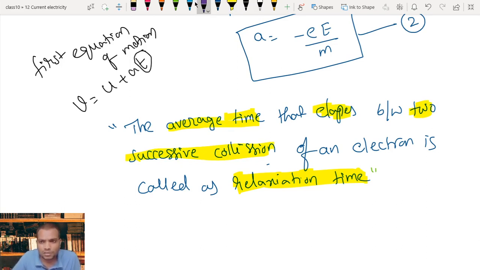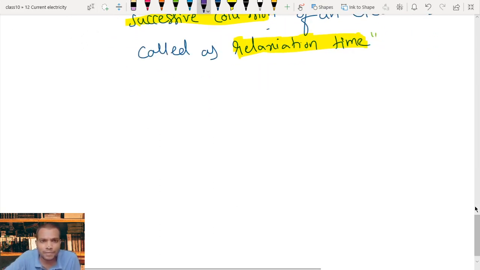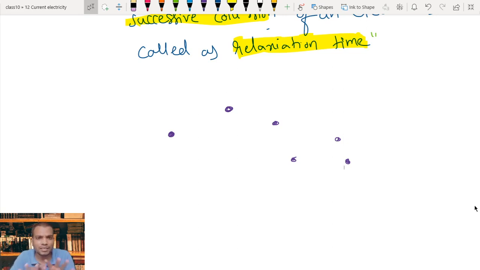Suppose I draw a diagram here. Suppose I have an electron, and here some other electrons are there. Now this electron is in motion. For a moment, we can just imagine that this one electron is in motion.